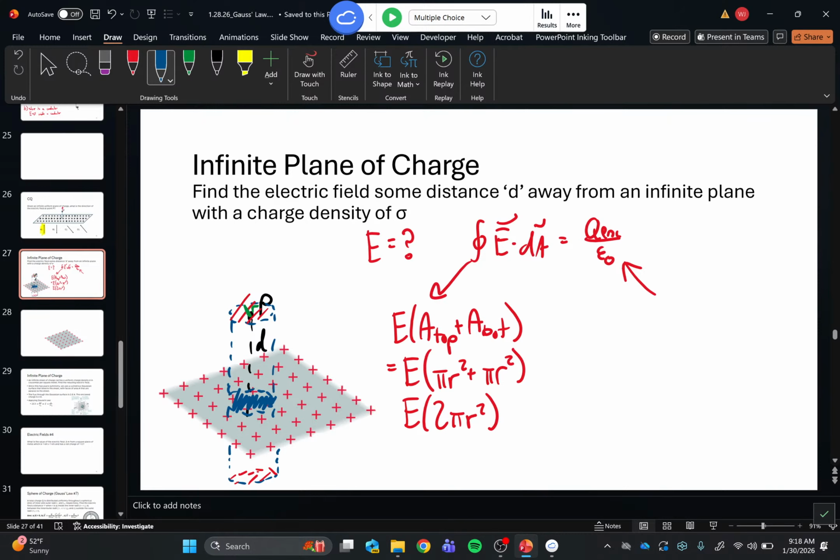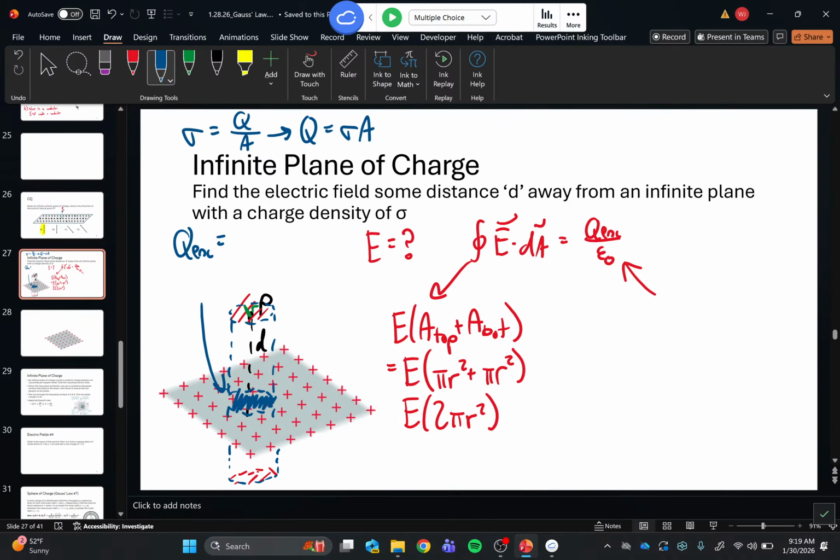How much charge is that? So this is my Q enclosed. What does my Q enclosed equal? Remember the definition of charge density. Charge density is Q over area. In the 2D one, instead of length, it's area. So rearrange that: Q equals sigma times area.